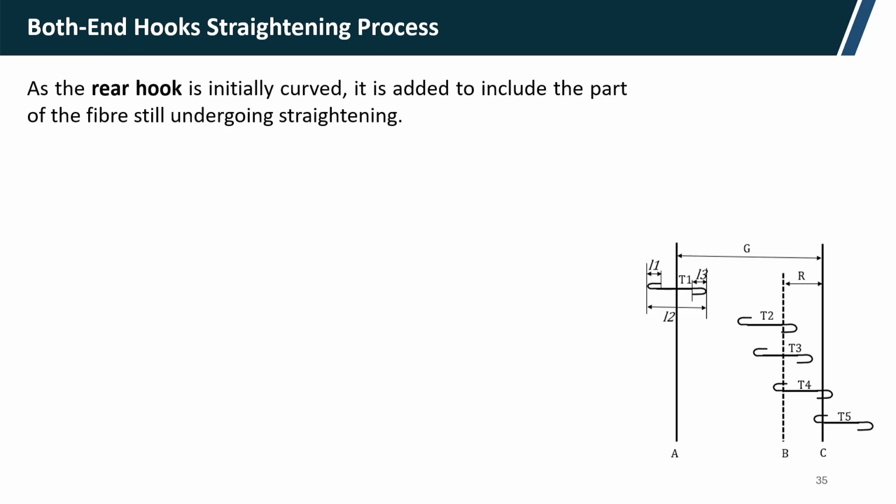As the trailing hook is initially curved, this is added to include the part of the fiber still undergoing the straightening process.